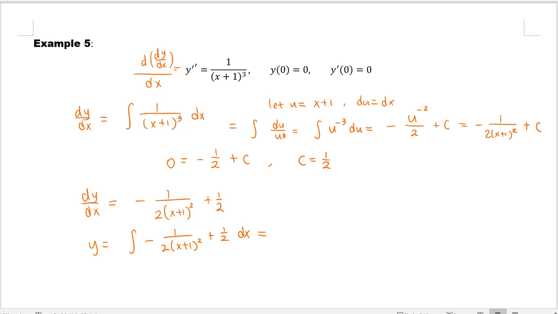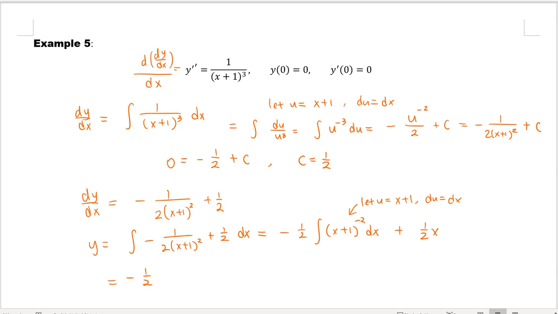Then we can separate them, and let me rewrite it. For this one we can do u substitution, and the integral of 1 half is 1 half x. Here, similar thing: let u be x plus 1, then du is dx.